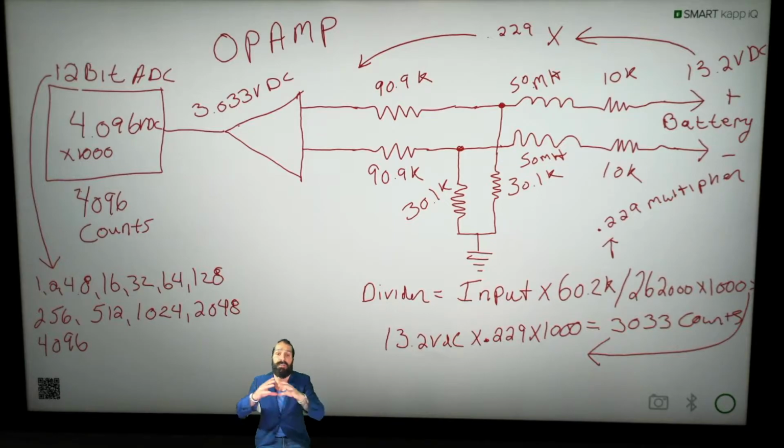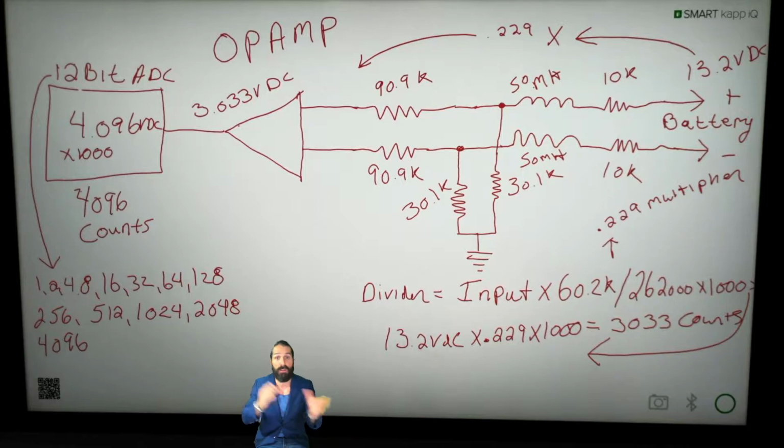So the entire resistance of that input circuit, now this is for a 12-volt monoblock on a battery monitoring system, is 262K ohms. So we take the input, 60.2K ohms, divided by 262K ohms, and we get a multiplier. This multiplier is 22.9%, or 0.229.